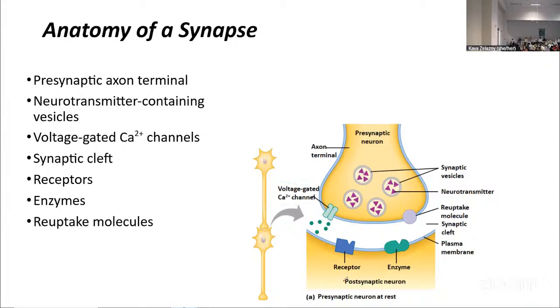So then looking at the postsynaptic neuron, the second one, I want you to notice right off the bat, there are no channels here on this postsynaptic neuron. We don't see any channels yet. What we see is a receptor.